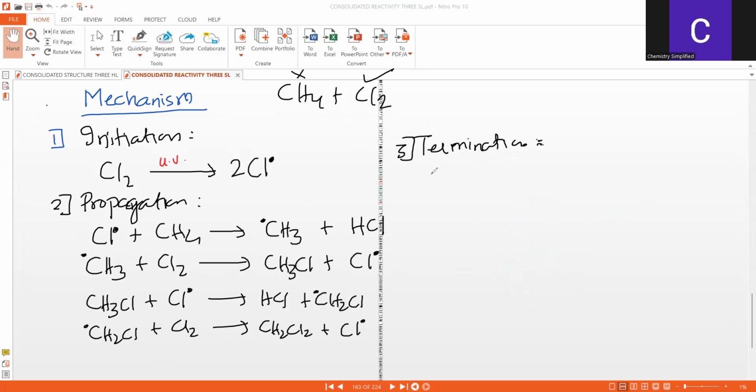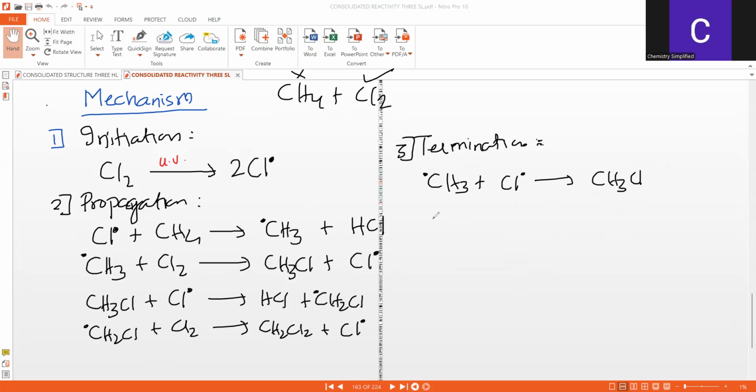So in termination, any two free radicals, when they collide with each other, let's say methyl and chlorine. Methyl is a free radical which is unstable, it wants to pair up its electron. Chlorine is a free radical which is unstable, it wants to pair up its electron. Both want to pair up, so they will pair up with each other and become CH3Cl. You can see that there is no free radical produced here, so this will not propagate, this is termination.